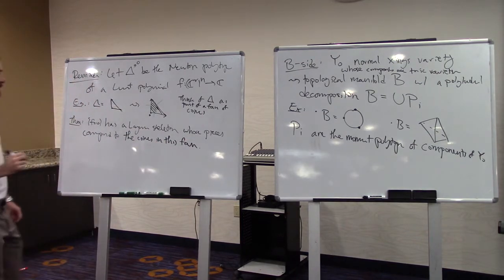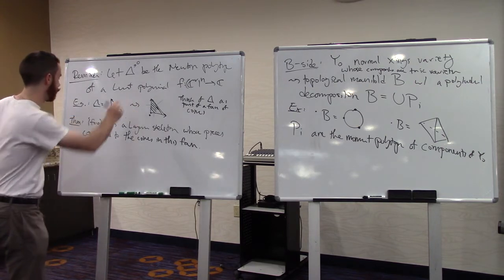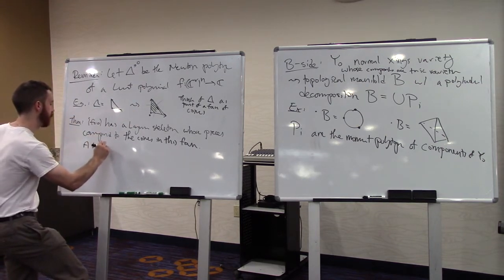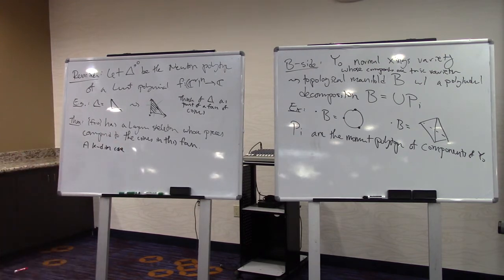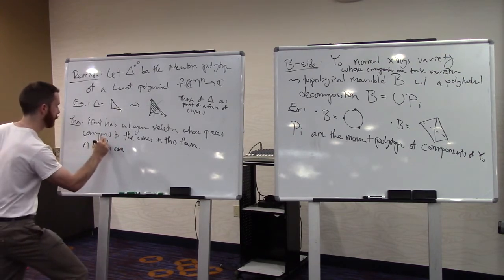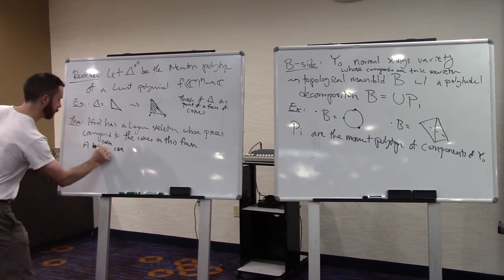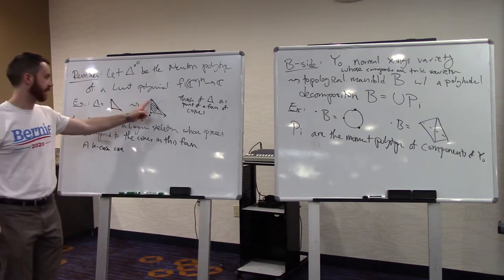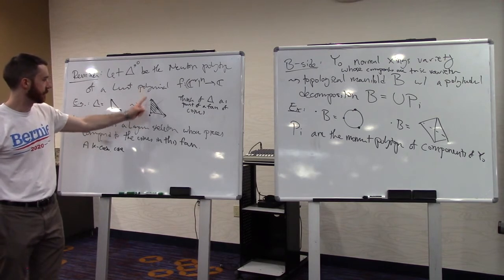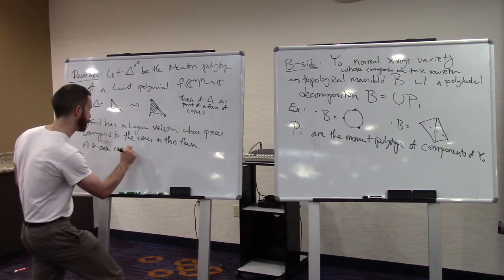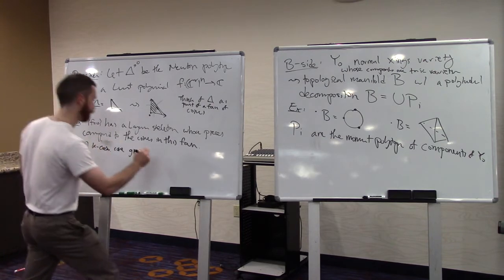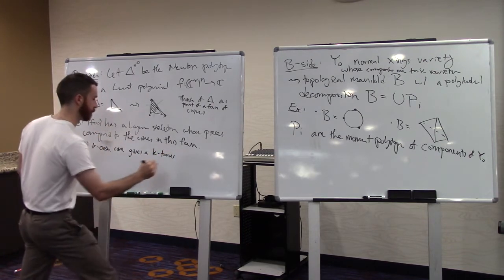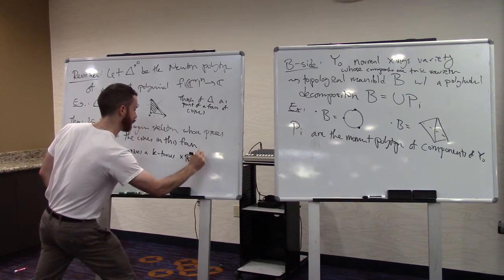I need to say what a Lagrangian skeleton is, and how those pieces correspond to the cones in this fan. Roughly speaking, a codimension k cone, so for instance this ray here is codimension 1 inside of R^2, gives a k-torus times R^(n-1-k).